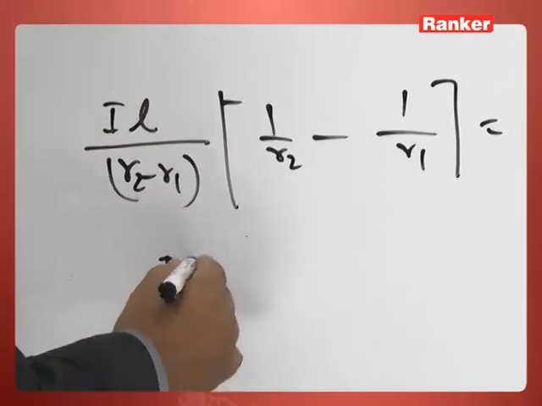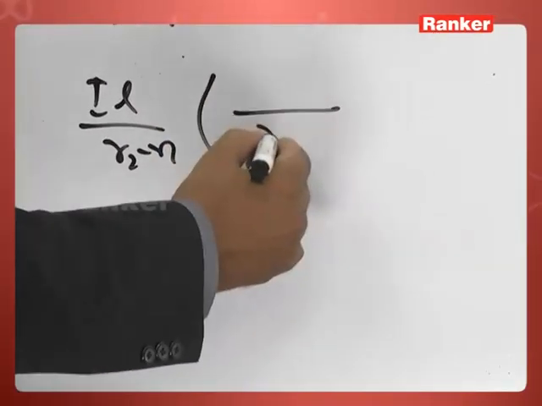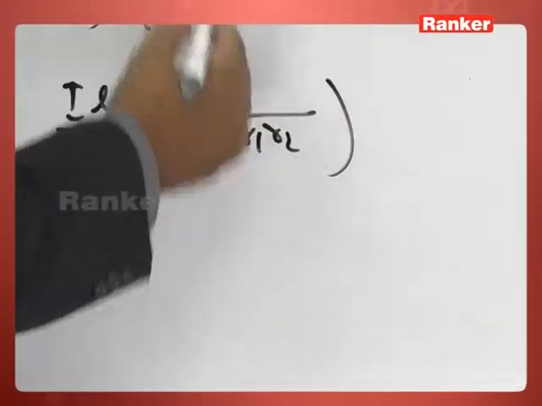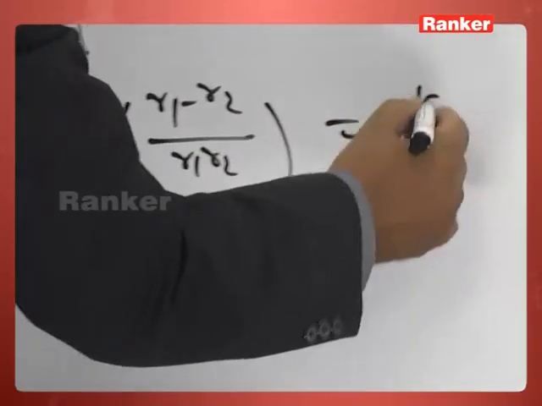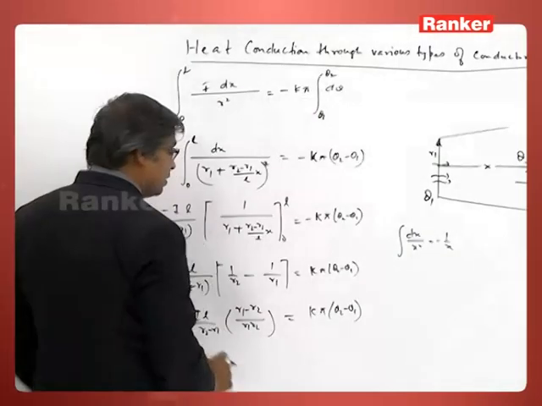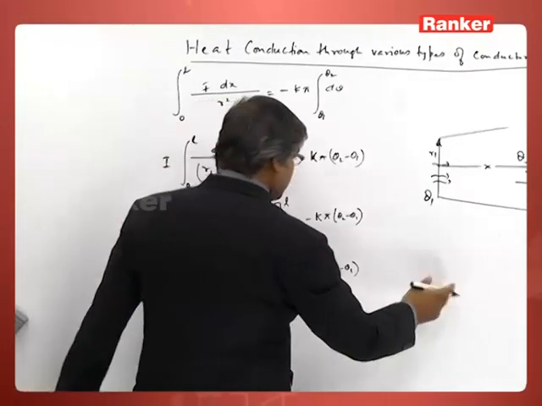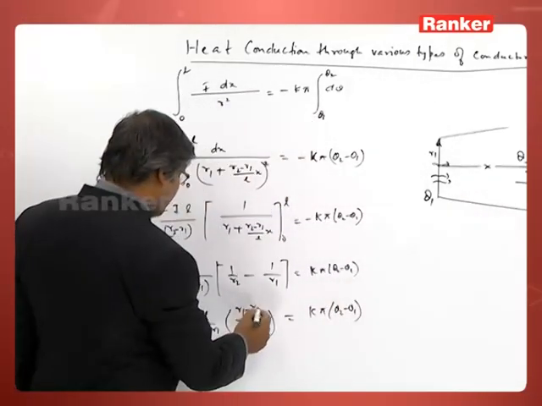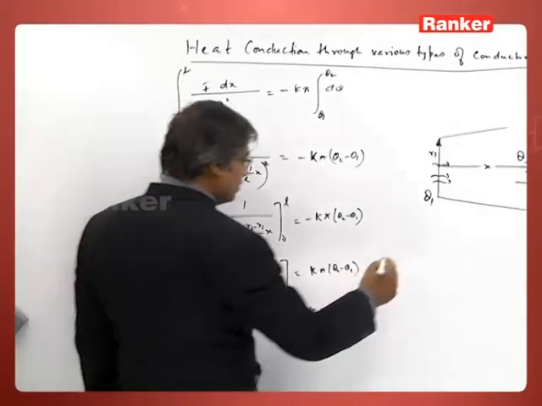Now, here I L by r2 minus r1, then this is r1 r2, then this is again r1 minus r2, equal to k pi theta 2 minus theta 1. So, I want my heat current I. You can see again r1 minus r2 and r2 minus r1 get cancelled, but there is one minus.